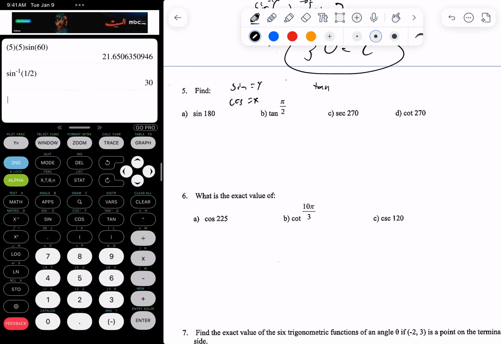Tangent is sine over cosine, and cotangent is cosine over sine. Just remember that. That's just memorization. You have to know that in order to do these problems.